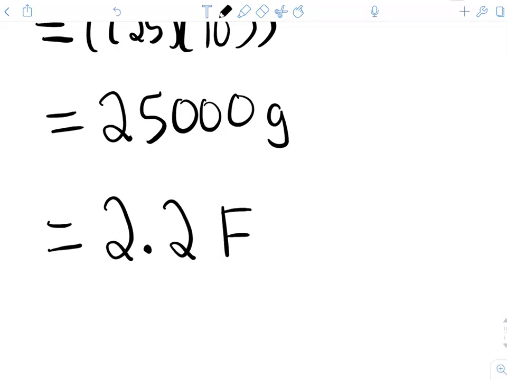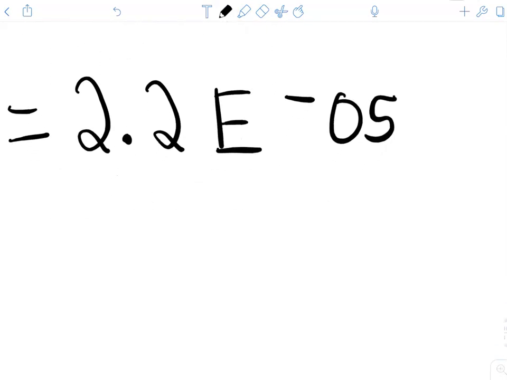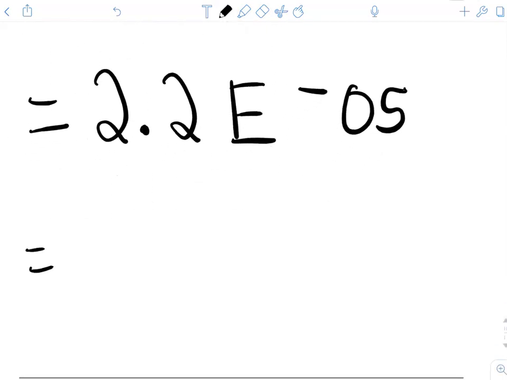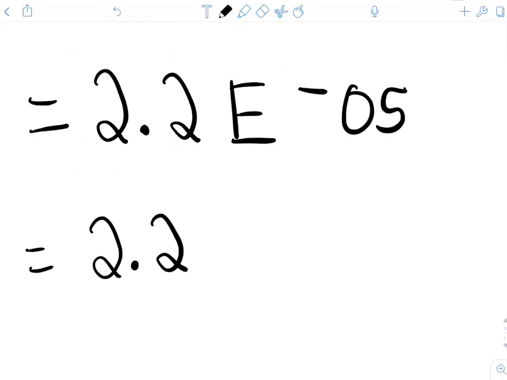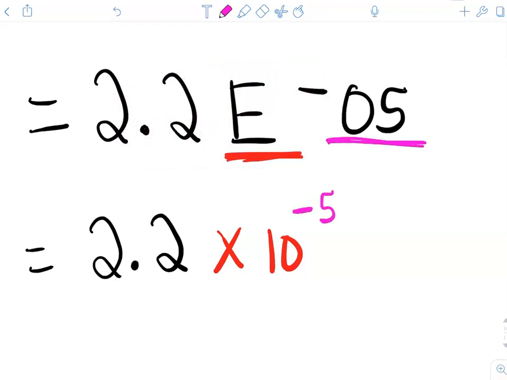Now, your calculator is more than likely going to give you this, 2.5 E 4. What this translates to is 2.5, E is times 10, and what comes after the E is your exponent. So in this case, it would be 4. So this is scientific notation.